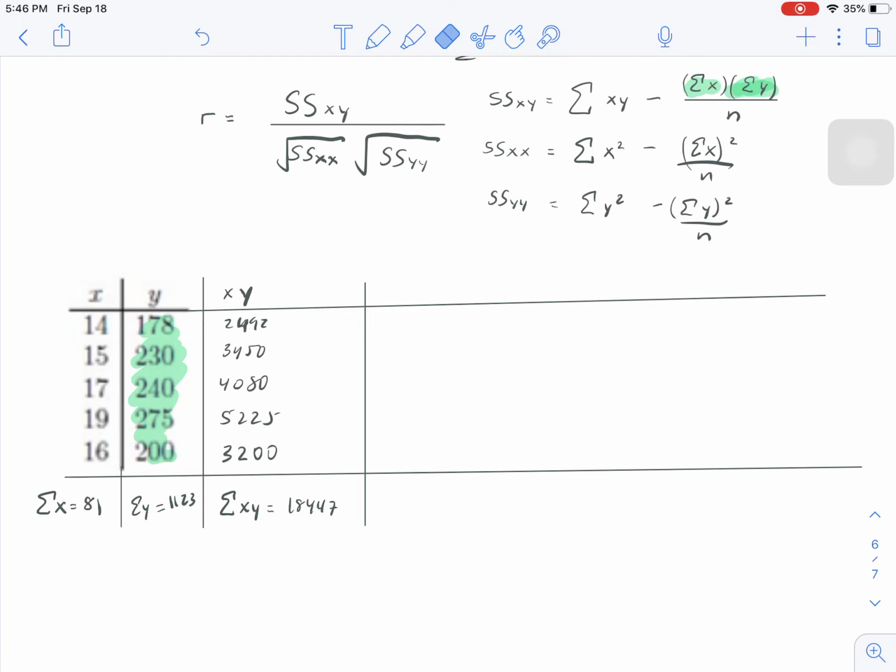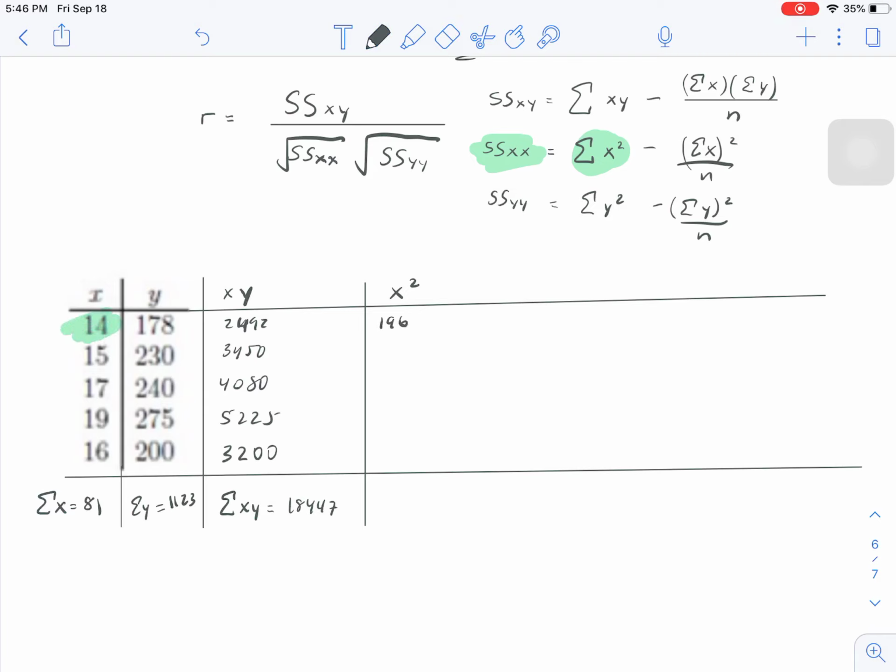Let's go ahead and calculate all the intermediate quantities for the other sums of squares. So for the sum of squares for the x's, we need to add up all the squared x's. So I need to square each x value.